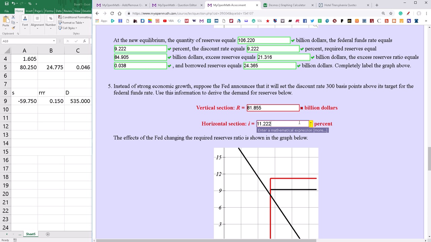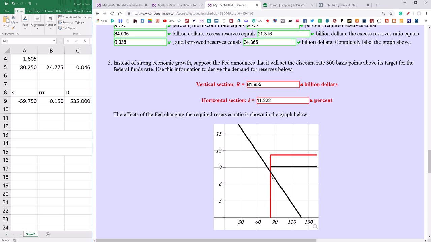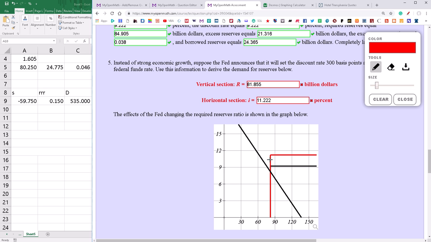And you can see what happens down here. The supply curve shifts vertically up to 11.222. The supply curve is at 81.855, so it just shifts the supply curve up.